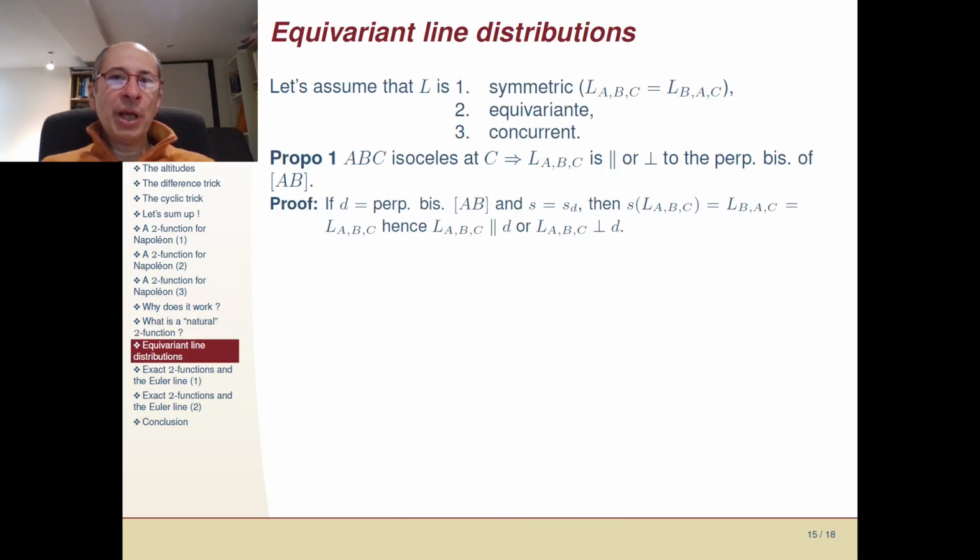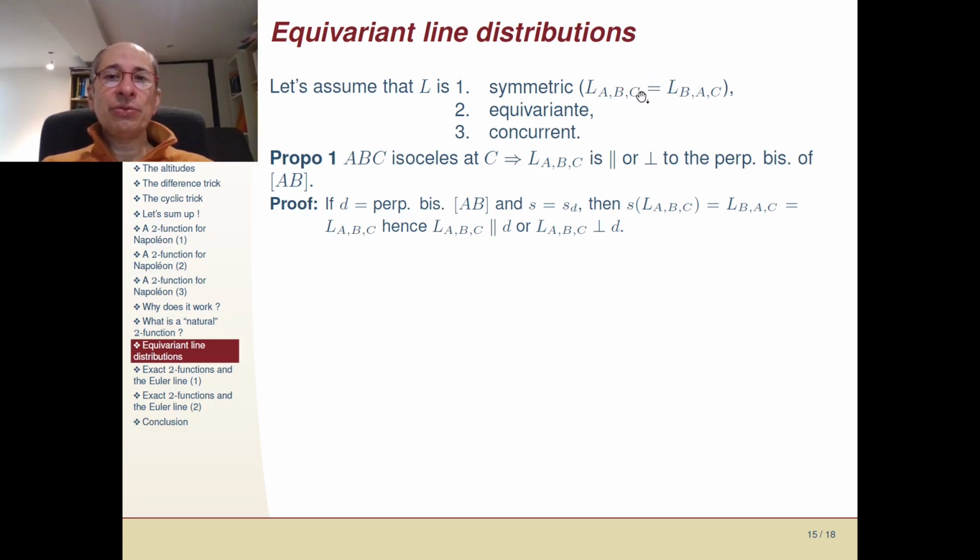So now we are in a position where we can try to prove some fairly general results. First, we can prove results about equivariant line distributions. So we will assume that L is a distribution of lines in triangles which is symmetric, meaning that L(ABC) equals L(BAC). It's a natural assumption to make because it's satisfied in every case we have already met.